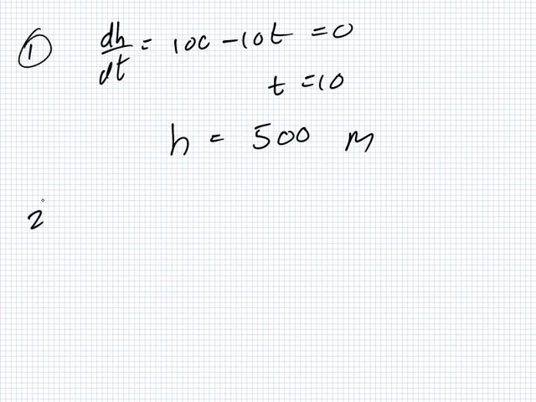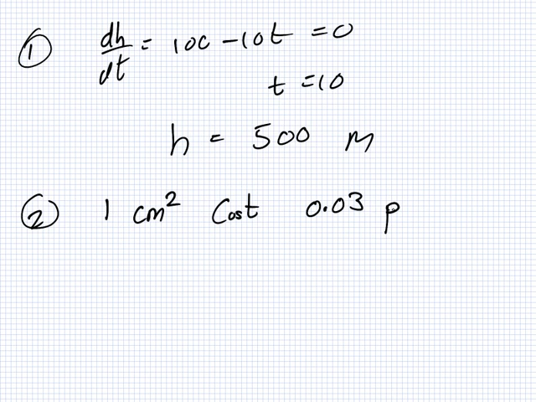Okay, number 2. A manufacturer wishes to make a can of cola. 1 centimeter squared of the can will cost 0.03 pence. And 1 pence is 0.01 pounds.